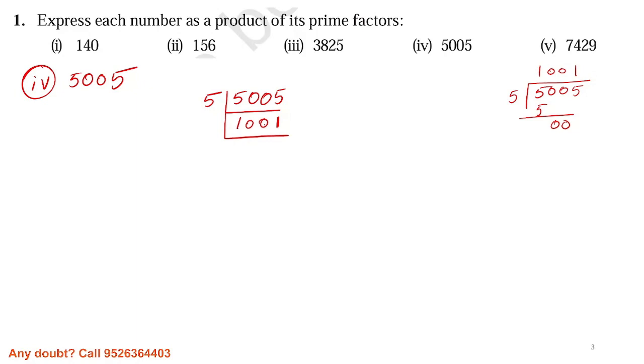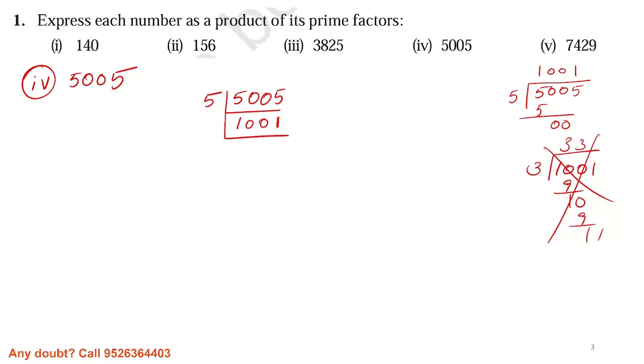7. Okay. Clearly 2 is not possible. If you try 3, 3 is not possible. You may check it. 2 is not possible because it is not ending in an even digit. 3 I checked, no, 3 is not possible. 5 is not possible because it is not ending in 5.